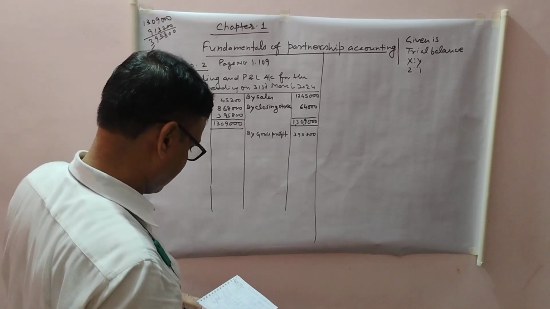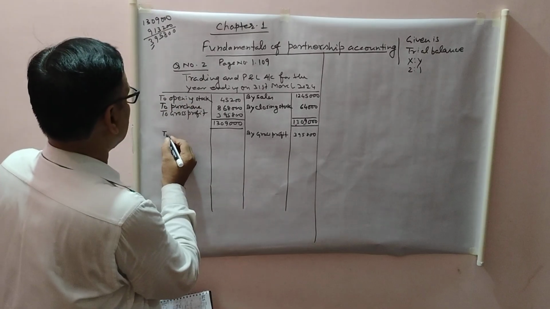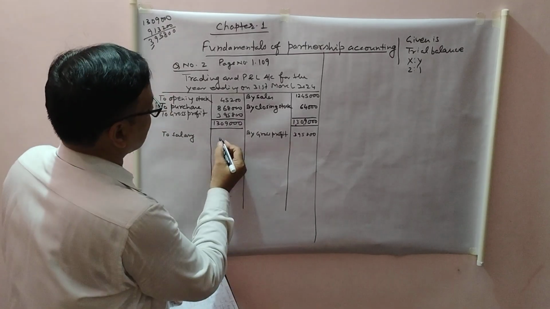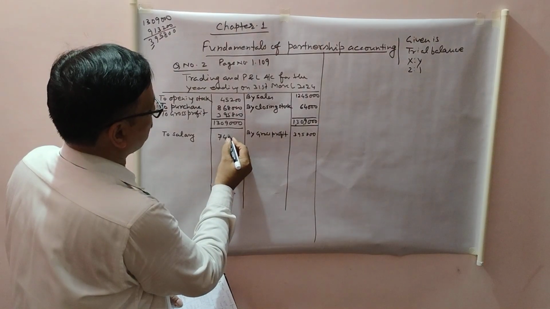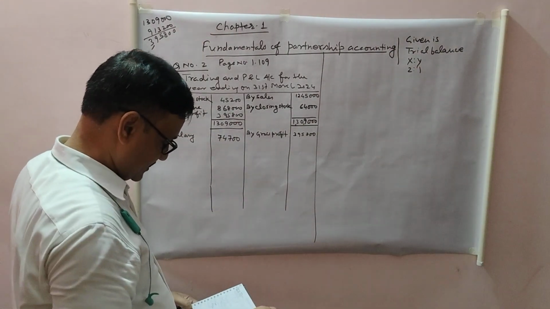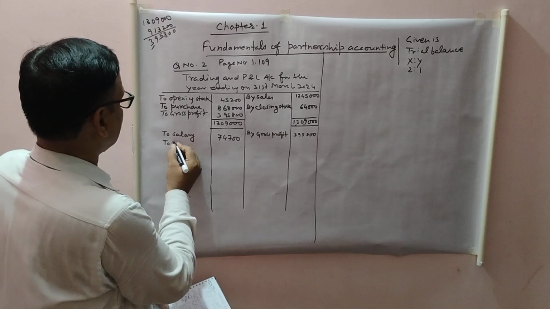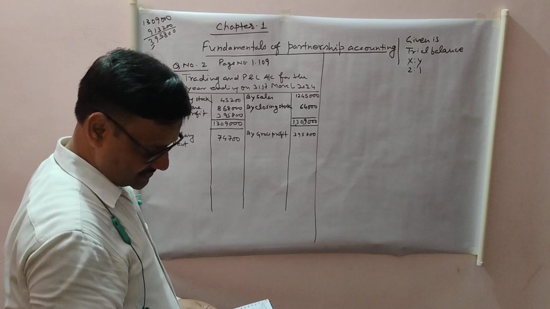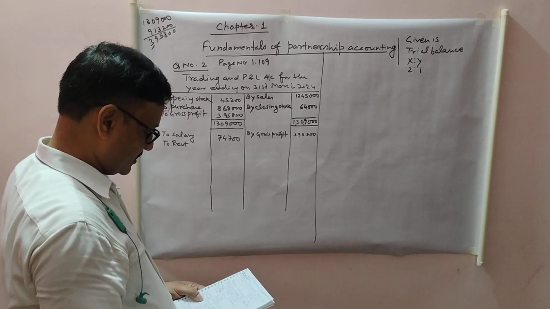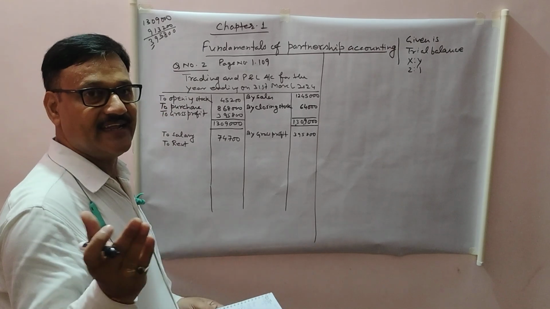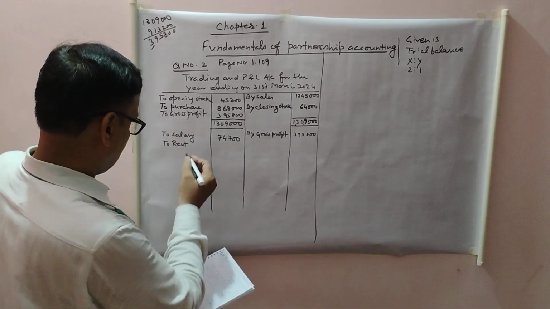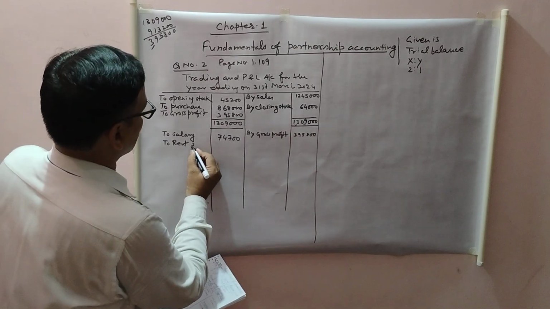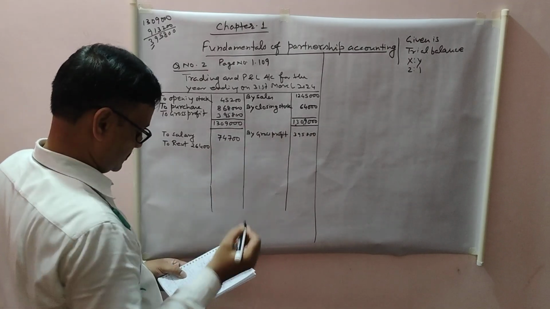What are the indirect expenses? Salary. To salary, 74,000. Salary to staff, 700. Then to rent. There is one adjustment given in the question that 2,400 is outstanding rent. Therefore, to rent we will write in this column 26,400.